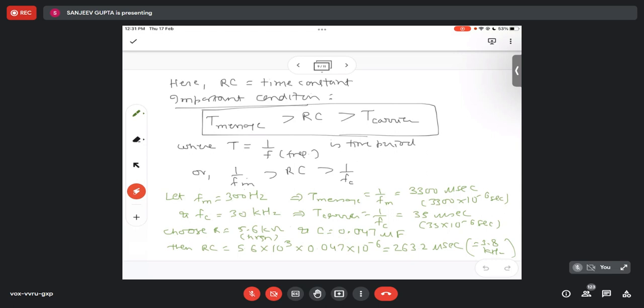For FC, because it is a high frequency, 30 kilohertz, almost 100 times more, the time period turns out to be smaller, and that is 33 microseconds.